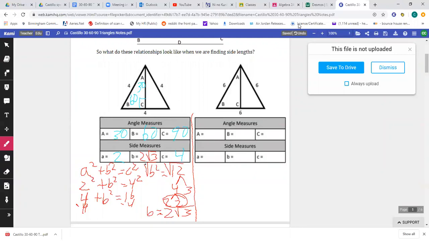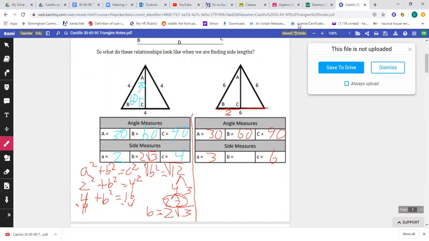So if we cut one of the angles in half, it would now be 30. This is 60, and that would be 90. Okay. I know that my hypotenuse here is 6. And then if we cut this one in half, this is going to be 3, right? So I know A is 3.